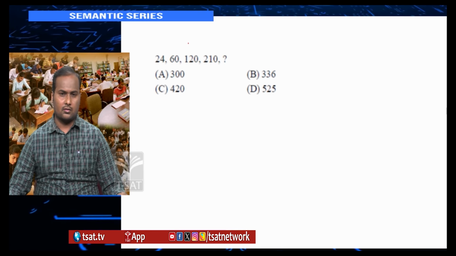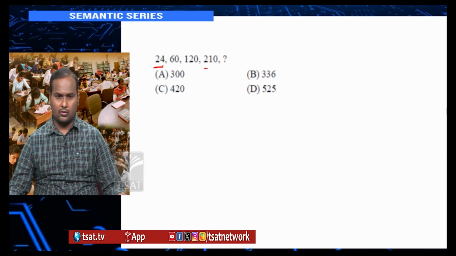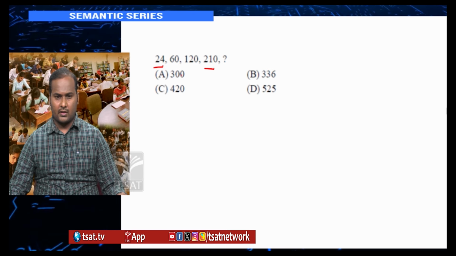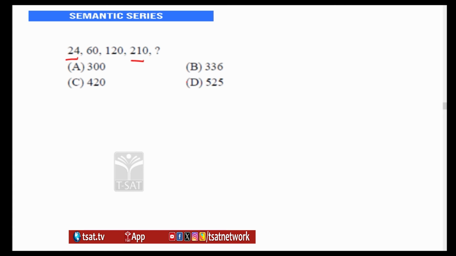If you see this question, the moment I see it, it is starting with 24 and ending with 210. Options are also like 300, 336, 420 and 525, which are very big numbers. So, when there are big numbers, obviously first check with the cubes. The moment I see this one, I said to keep in mind the values near the cubes as well.